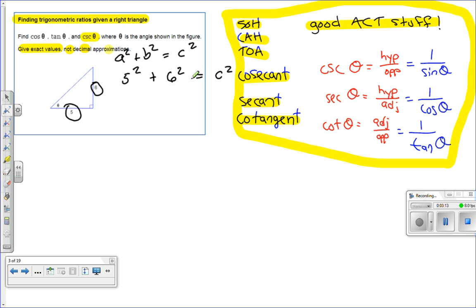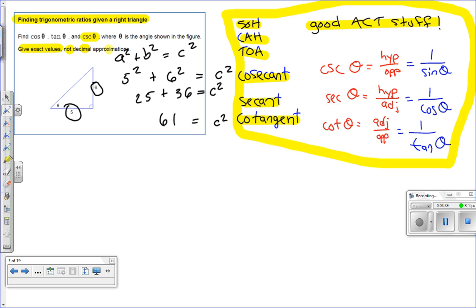Okay, and now I'm going to solve this. Well, 5 squared is 25, and 6 squared is 36. C squared is just c squared. Okay, well, then we're just going to simply add these two together. So we got 25 and 36. It's going to give me 61 is equal to c squared.